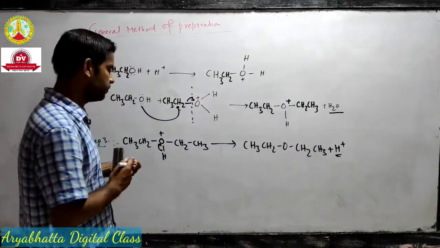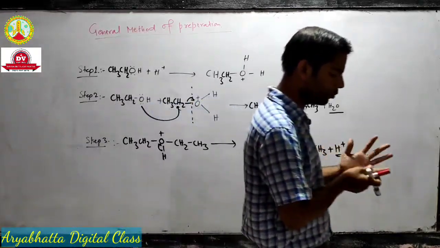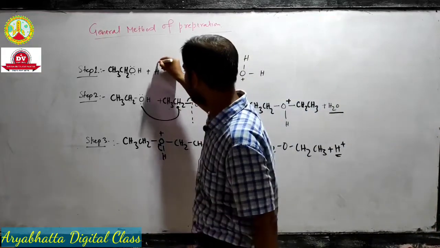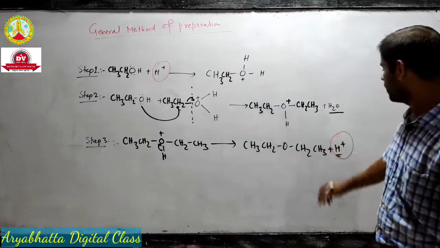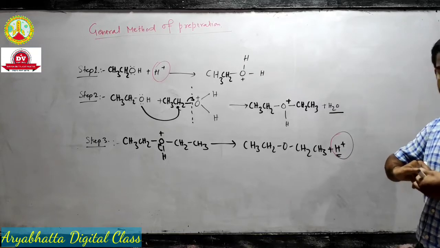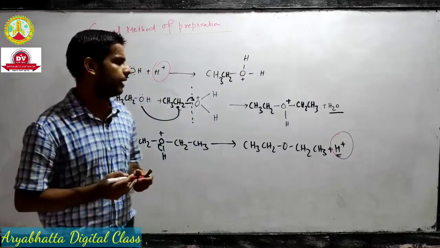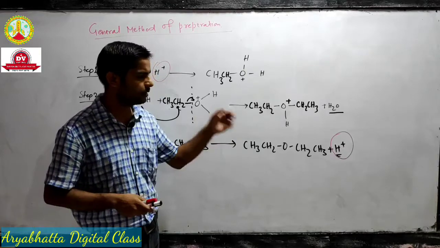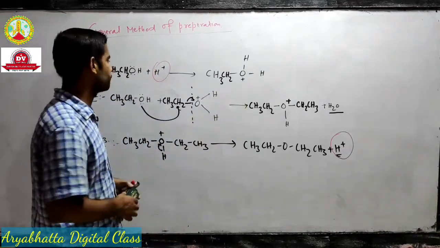So just like the dehydration of alcohol which gives rise to an alkene, the hydrogen that we used in the first step has been released in the last step. That means in this reaction also, it is an acid catalyzed reaction. The acid is just catalyzing this reaction, it has been used as a catalyst.